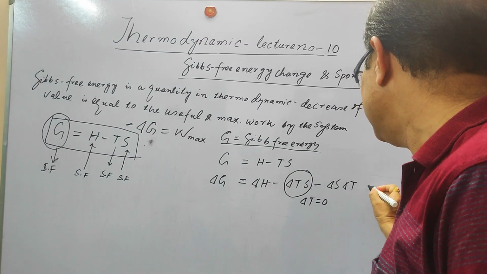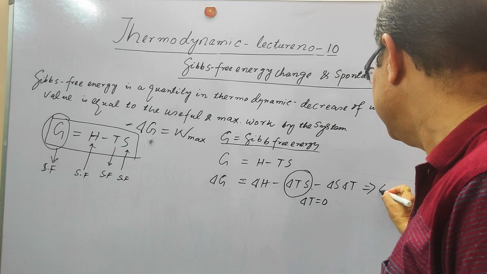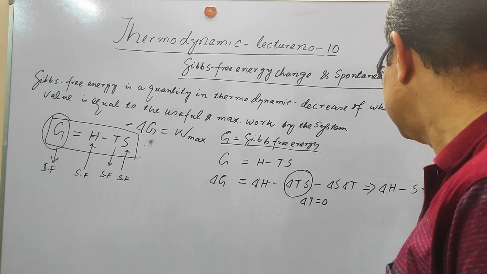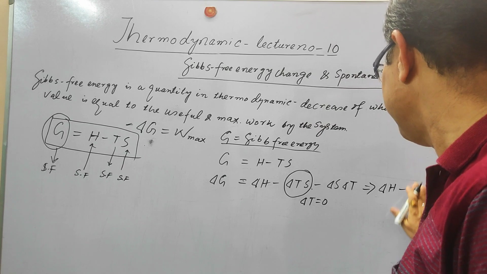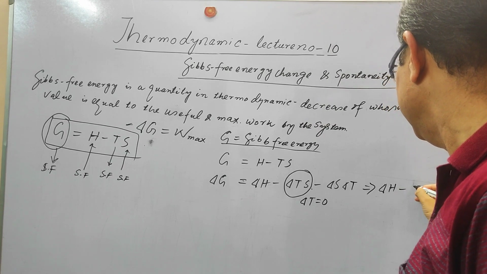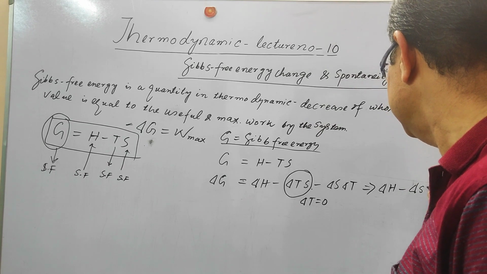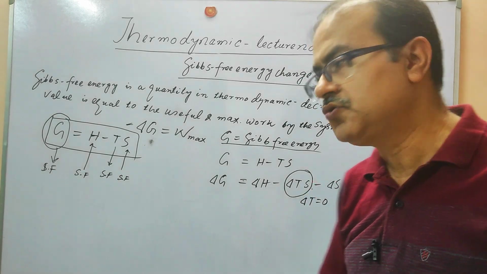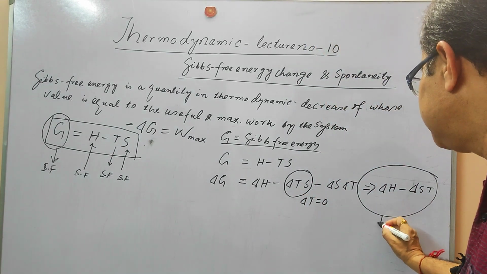The equation reduces to delta G equals delta H minus T delta S. This is the Gibbs equation. This is also called the Gibbs equation.